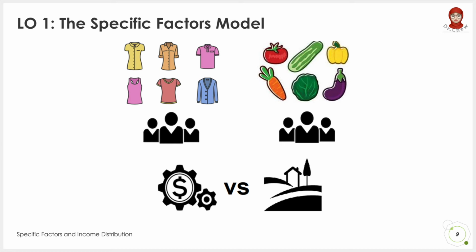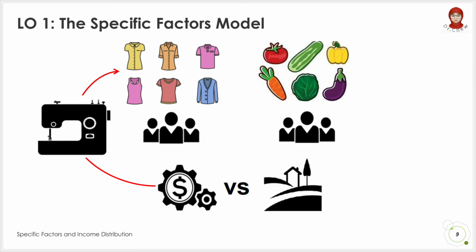Here, we can obviously see that in order to make clothes, we need capital rather than land. Capital can be in terms of a sewing machine to make clothes. However, land is required in order to make food, to plant various vegetables.